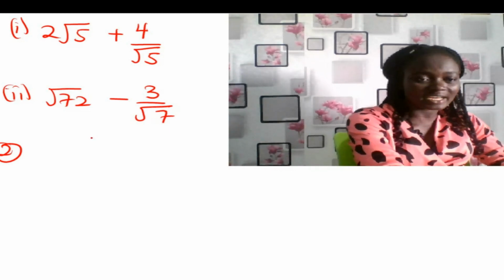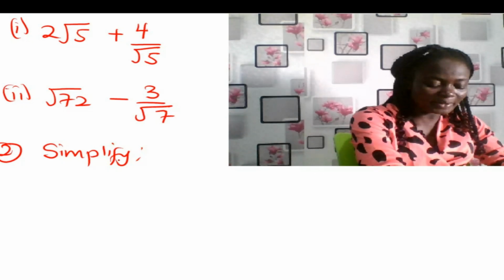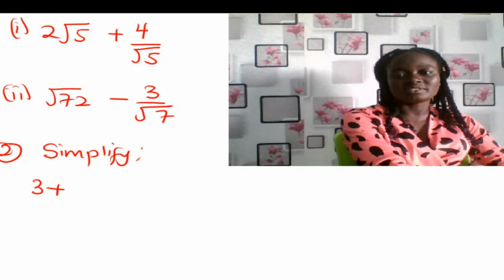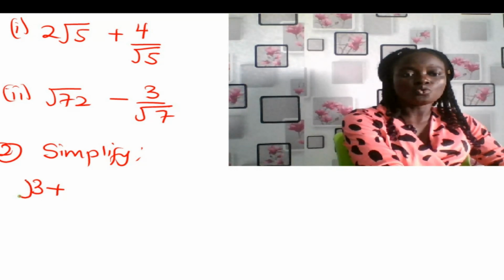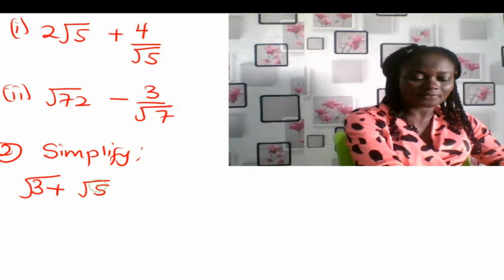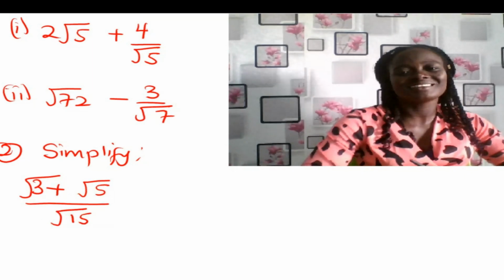The second question is simplify root 3 plus root 5 over root 15.